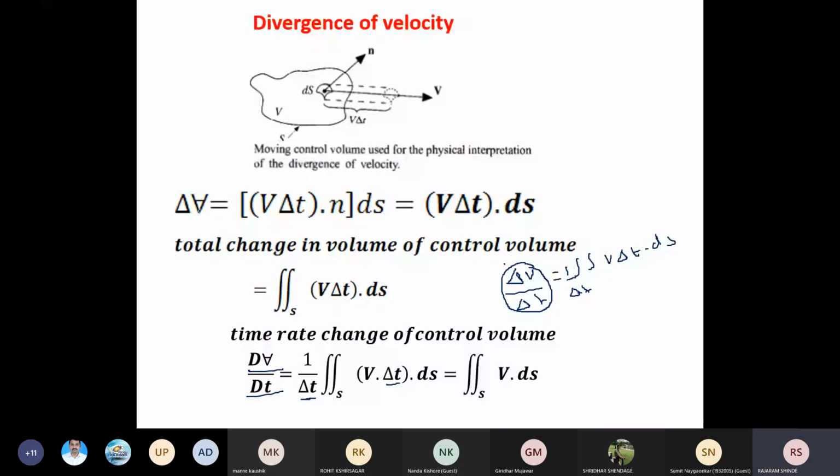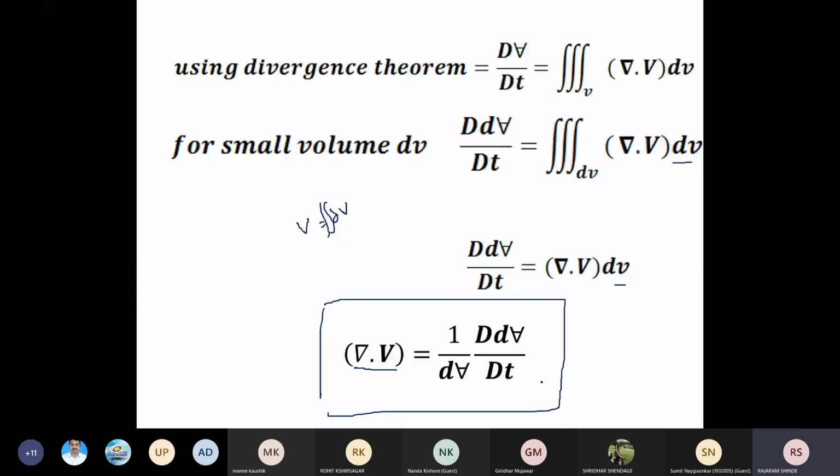Now next one, you have to divide by delta t. When we divide by delta t on both sides, you will get this time rate of change in volume. Now this delta t and this delta t we can cancel, and you will get v dot ds. Next one, divergence theorem. From the divergence theorem, we can write this surface integral as the volume integral. So you will get this equation.